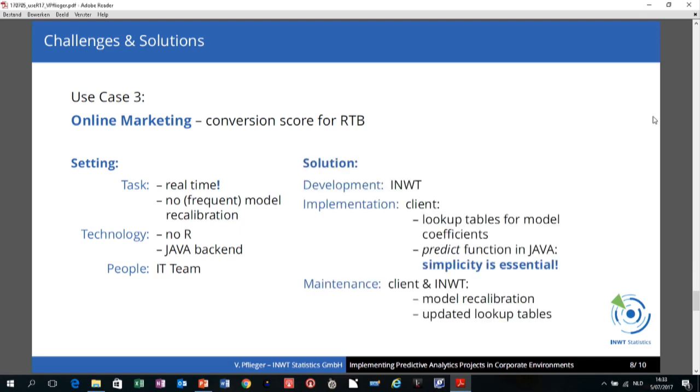So what did we do here? We estimate the models internally, and then we just hand out some lookup tables for the model coefficients so that the client themselves can just make the predictions based on the coefficients we gave to them.